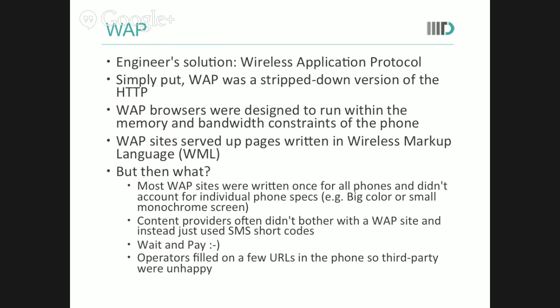Right? So every site that you want to now see on the phone has to have another website corresponding. One is HTML, which is using the HTTP protocol and which you can see on your laptops and desktops. But then you also write the same site in a different markup language, which is compatible with that. Right?